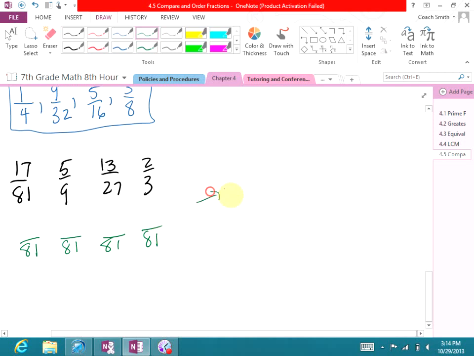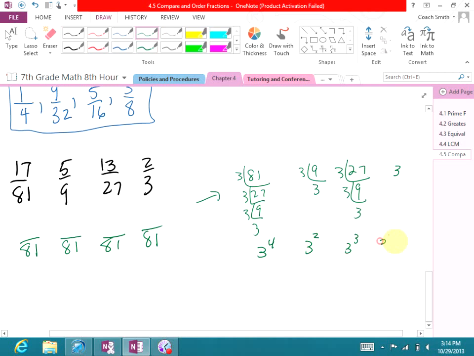Now, once again, if you can't see it, then you have to come over here and prime factor each of the numbers. Prime factor 9. Prime factor 27. Then prime factor 3. That shows you 3 to the 4th, 3 to the 2nd, 3 to the 3rd, 3 to the 1st. The only prime number used was 3.